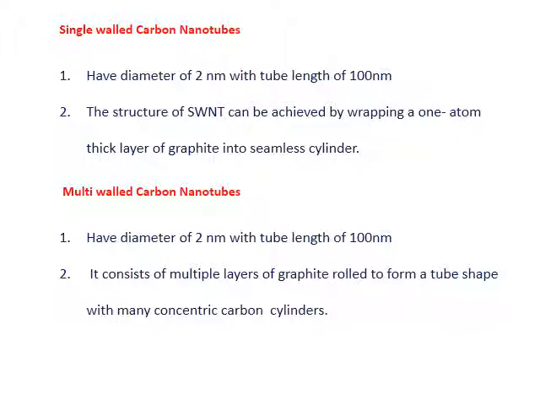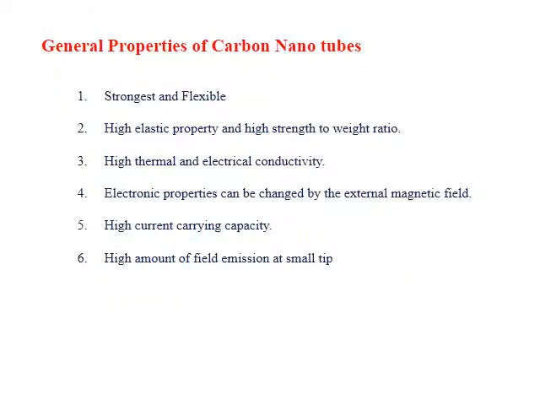The multi-wall carbon nanotube has the same dimension. It consists of multiple layers of graphite sheet rolled to form a tube shape with many concentric carbon cylinders present in the tube. These are the general properties of carbon nanotubes. They are strong and flexible, and they have high elastic property and high strength to weight ratio.